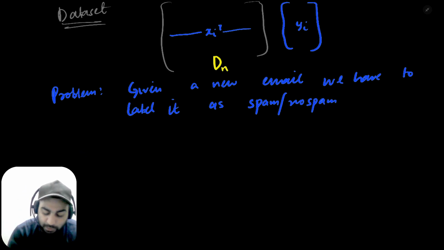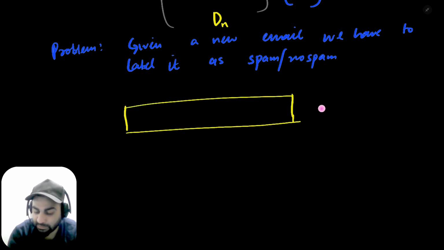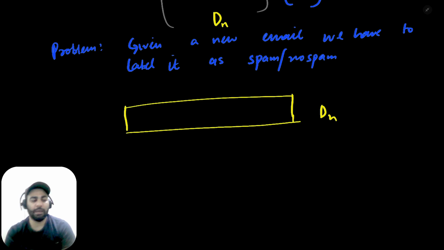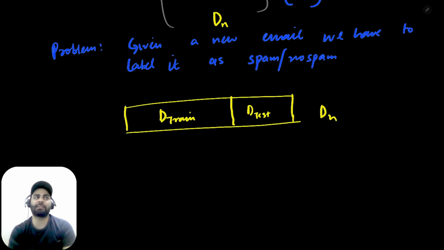So now we have this whole data Dn like this. The first thing we'll do is split the data in such a way that we have something for training and something for testing. So this is the train, this is our D test. How to split it is a huge topic, as I said.